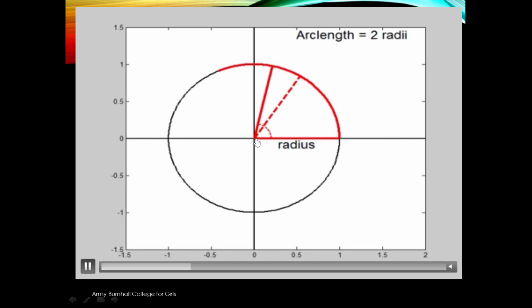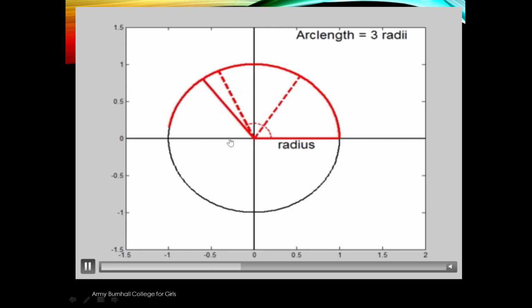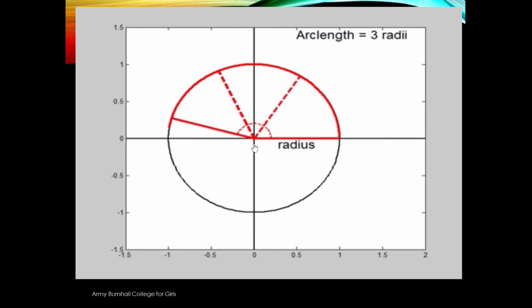So if arc length is equal to 2 radii, then angle subtended at the center will be equal to 2 radians. If arc length is equal to 3 radii, then angle subtended at the center is equal to 3 radians. If we increase the arc length to 4 radii, then angle subtended will be equal to 4 radians.